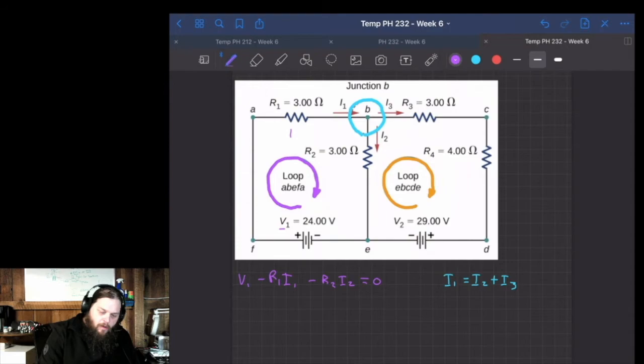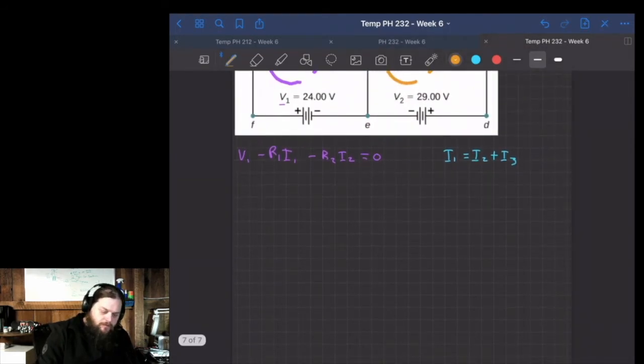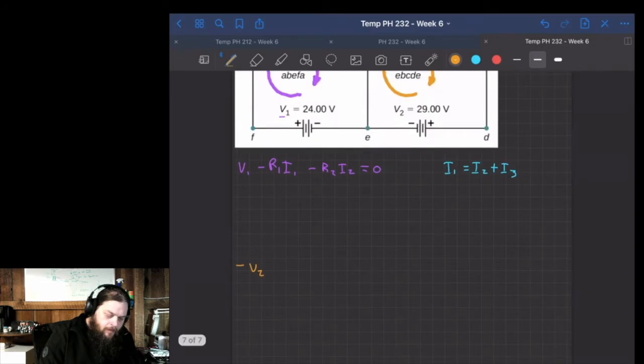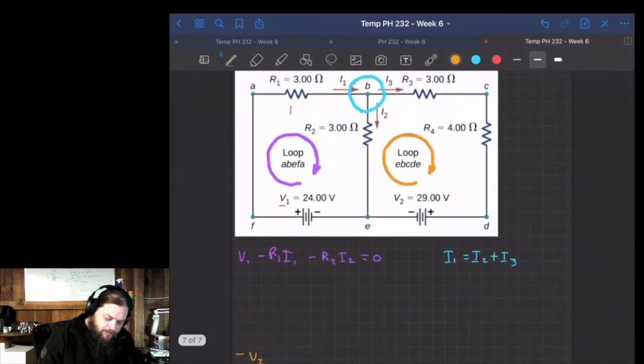Doing our orange loop, I'm going to write this a little bit lower. That's going to be a negative V2, just get at the bottom of that, plus R2 I2, so that's this one here. And we're adding, so now we're going the opposite direction of the current, so we're going to add that as a positive voltage increase.